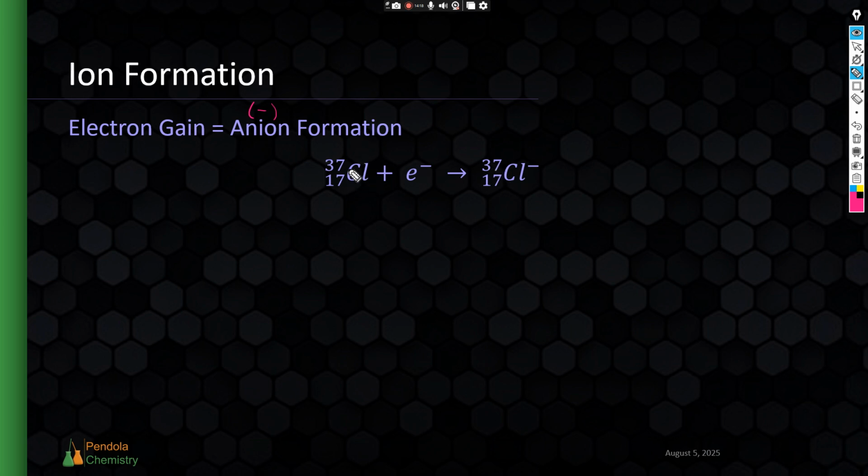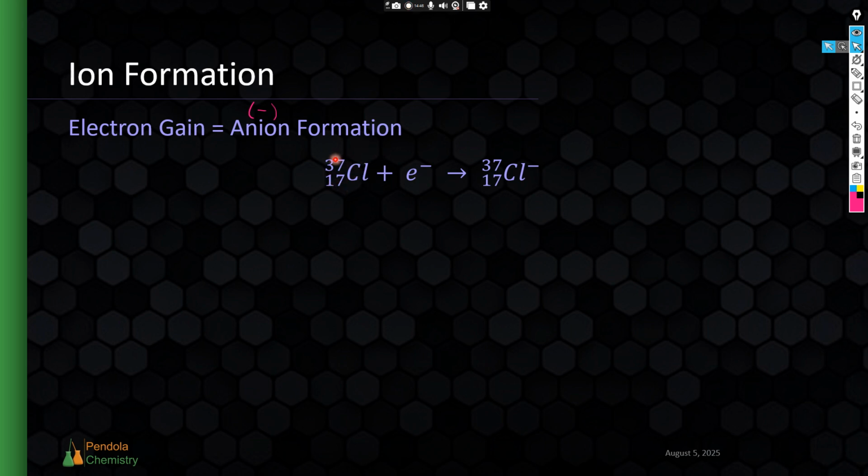Now, if we have chlorine, and that chlorine gains 1 electron, then we're going to go from Cl, the neutral atom, gaining 1 electron, becoming chlorine -1. That we learned in honors chemistry. But we have to realize that it doesn't matter which isotope of chlorine this is. In this particular case, this is chlorine-37, meaning chlorine has a nucleon number of 37, atomic number of 17.